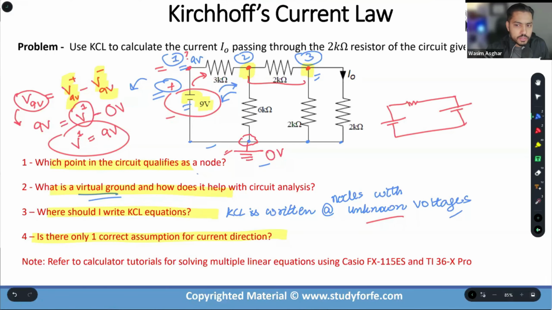So I intentionally drew this battery a little bit bigger as compared to this one. Let's say this is 10 volts and let's say this is 8 volts. Both of them are going to try and pump the current out of their positive terminals, but it's just that the 10-volt battery is much larger than the 8-volt battery. So the net effect of the current will be from 10 volts to 8 volts.